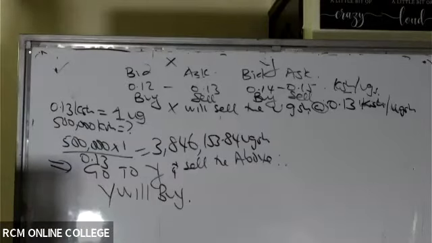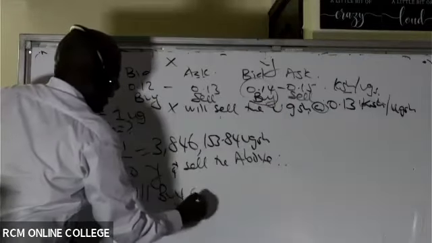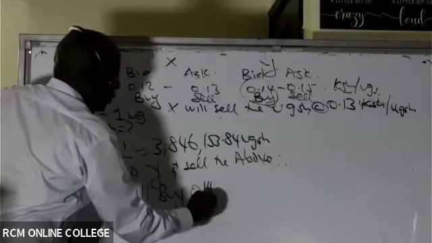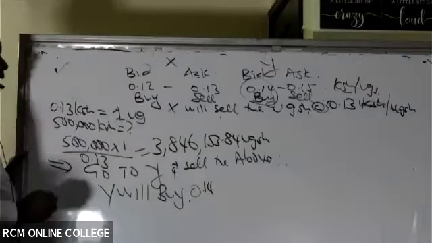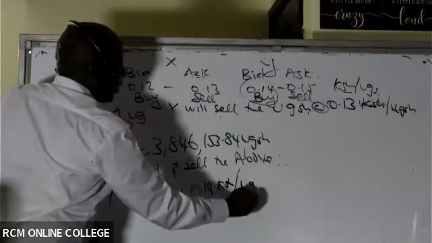Okay. So in this case here, Y will buy, you can see Y there. Y will buy at 0.14 Kenya shillings per Uganda shilling.